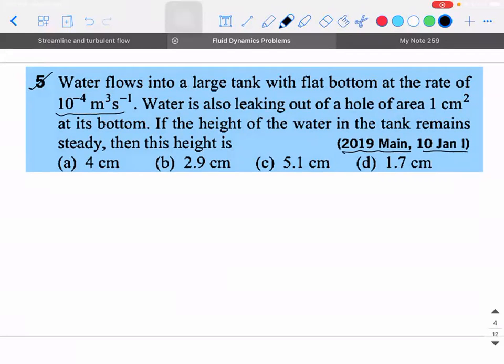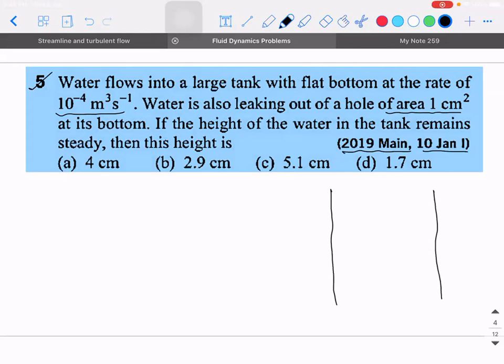Next. Water is also leaking out of a hole of area 1 centimeter square at its bottom. If the height of the water in the tank remains steady, then this height is equal to what? I hope you guys understood the question.